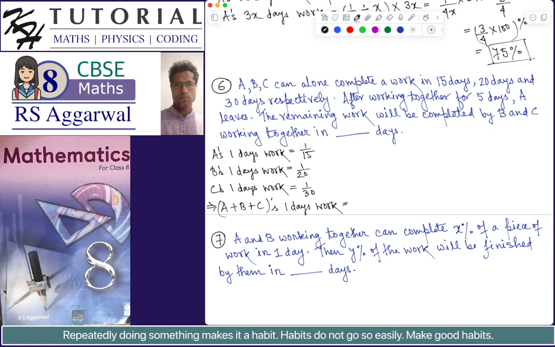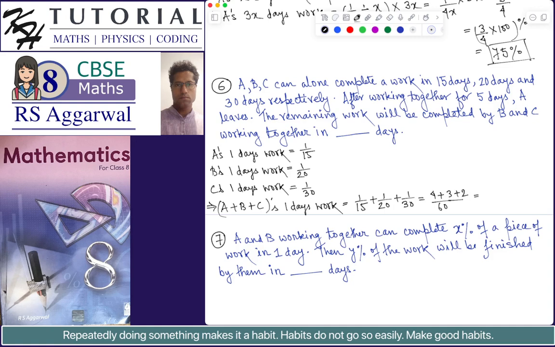This will be equal to 1 by 15 plus 1 by 20 plus 1 by 30. Okay, so this is equal to, the LCM will be 60, and we have 4 plus 3 plus 2.